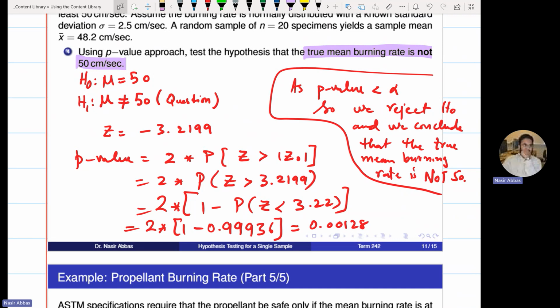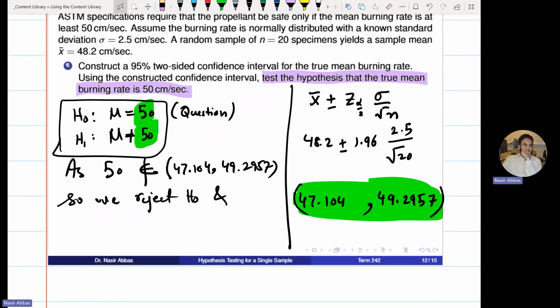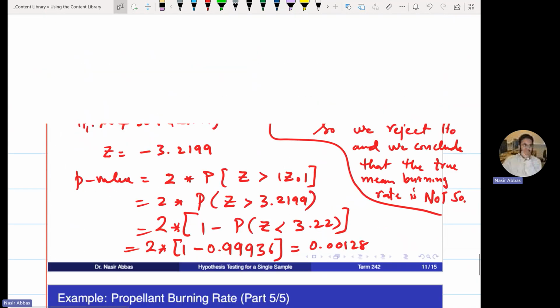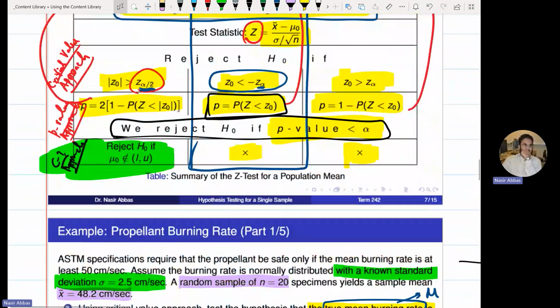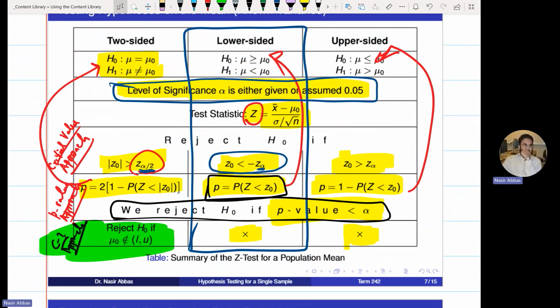And the third approach, for the same question, is we construct the two-sided confidence interval. And if the value of mu belongs to the interval, we go with H naught. If it doesn't belong to the interval, we reject H naught. The confidence interval, chapter 8, we did not cover the one-sided confidence interval. So as a result, you will not be asked questions out of confidence interval for the one-sided hypothesis.